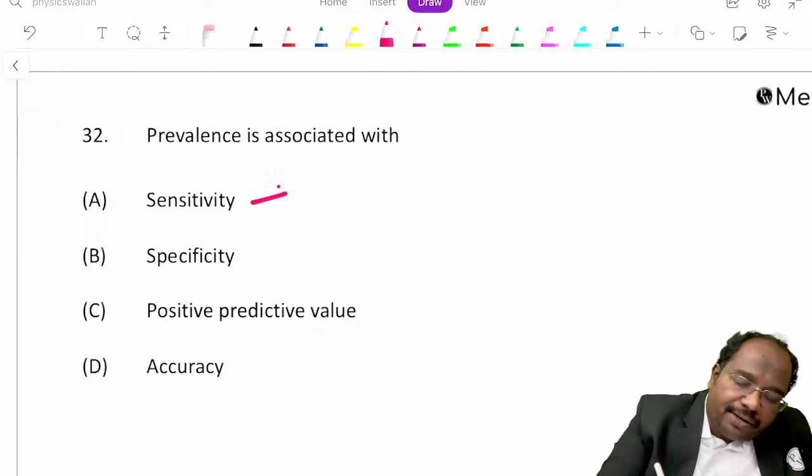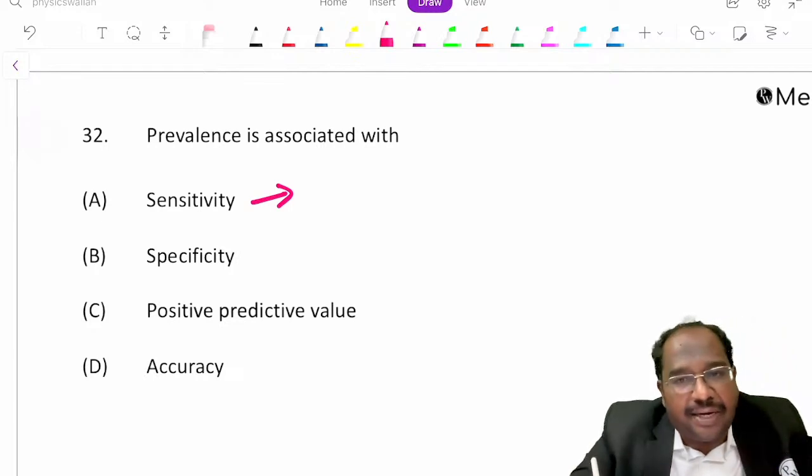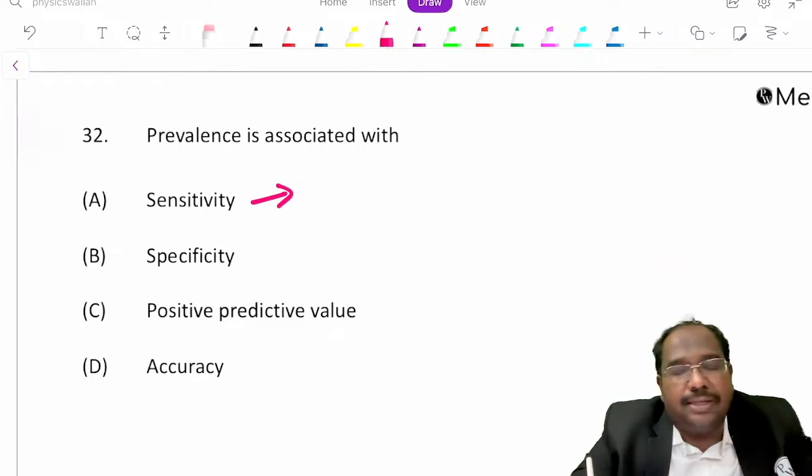What is sensitivity? We are in the screening chapter. We are comparing a screening test with a diagnostic test. Let us take pap smear as a screening test and biopsy as a diagnostic test.